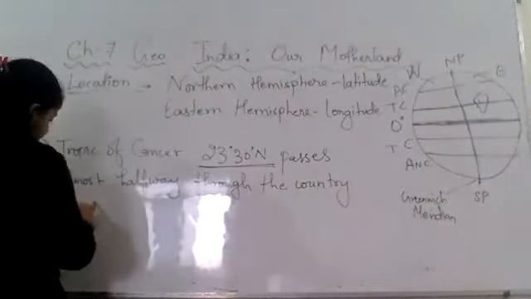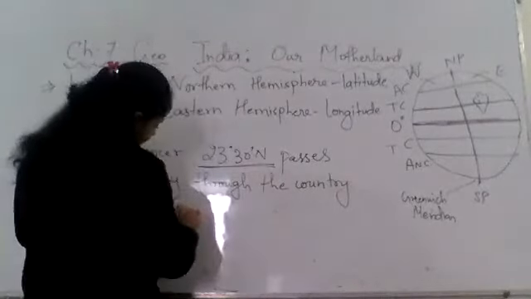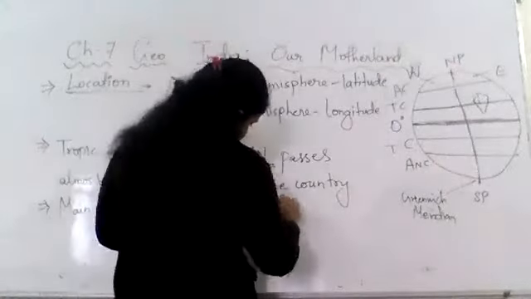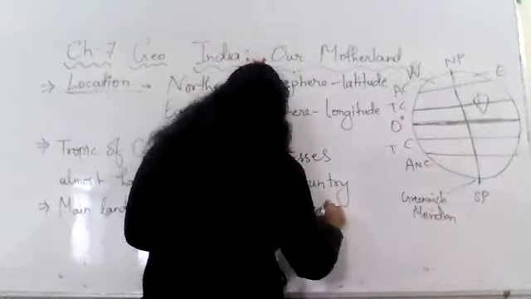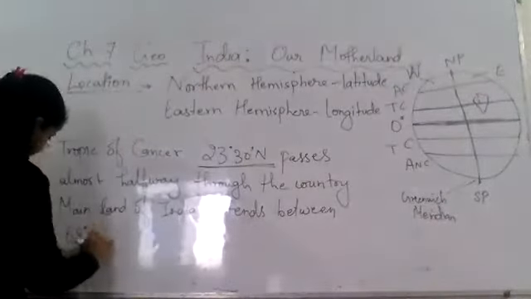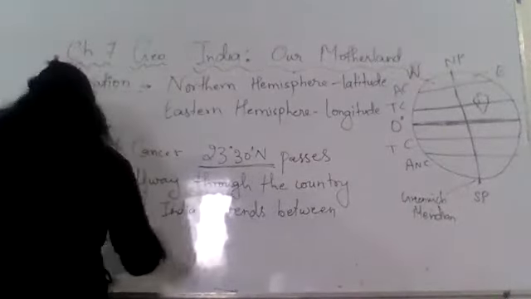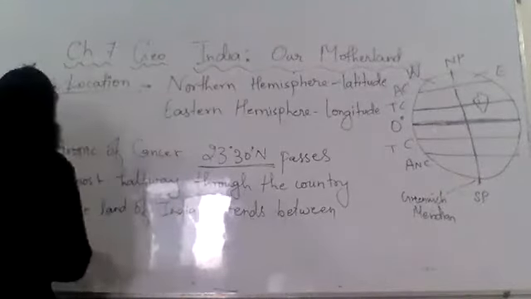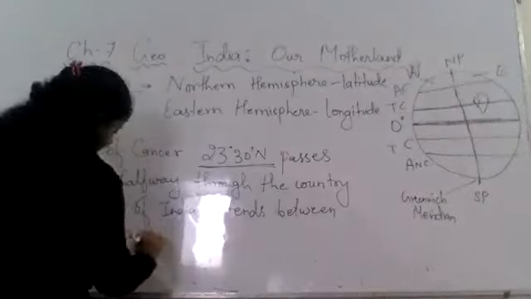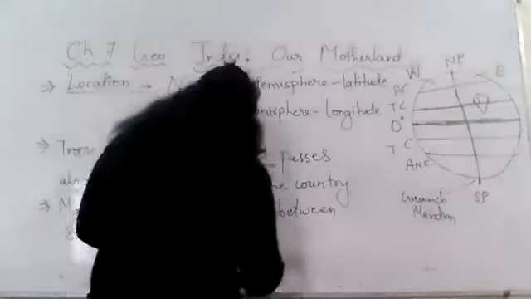Now, the mainland of India extends between 8 degree and 4 minutes north, and 37 degree 6 minutes north latitude.